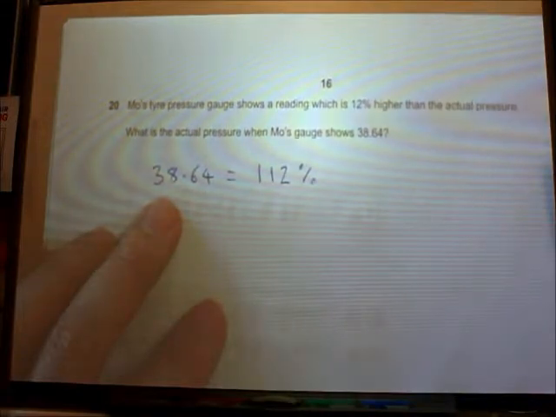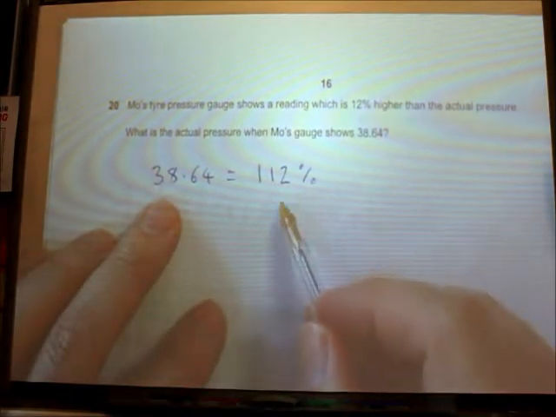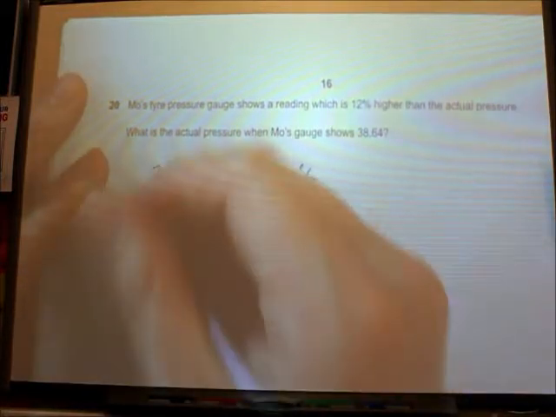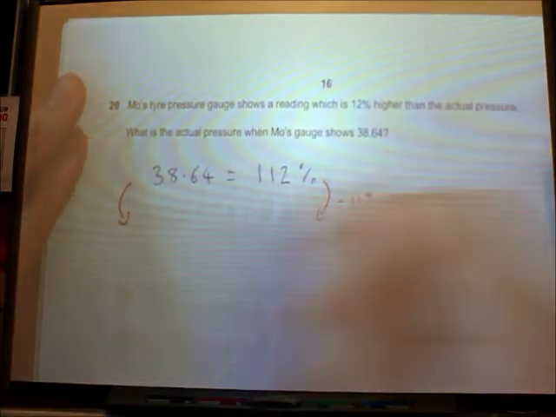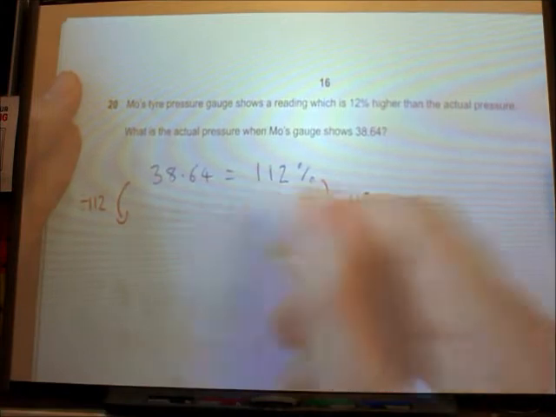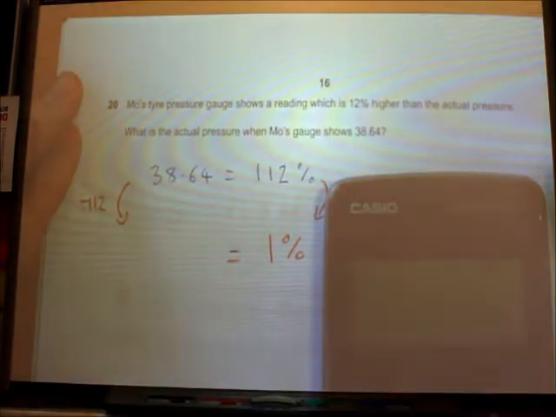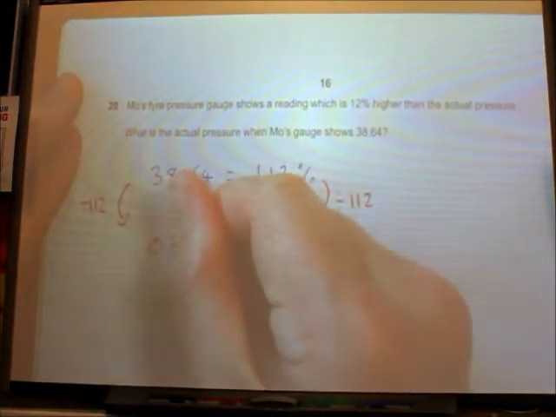This is a reverse percentage question, and the way I tend to work them out is by knowing that figure there, because it's 12% higher than what it should be, is actually equal to 112%. And you need to work out what 100% is. So what I'm going to do to both sides is divide by 112, because that will tell me how much 1% is. So I need to do 38.64 divided by 112, and that will give me 0.345.